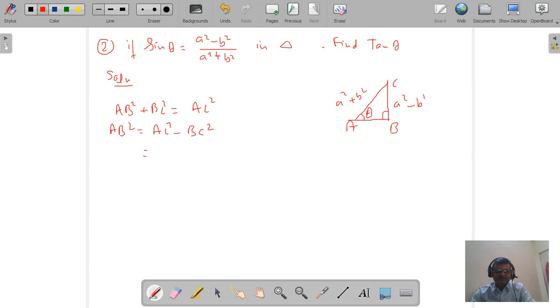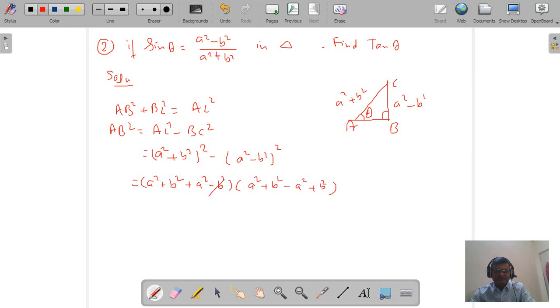So AC square is nothing but a square plus b square whole square, minus BC square, which means a square minus b square whole square. So we can use the formula: a square minus b square into a square plus b square minus a square plus b square.